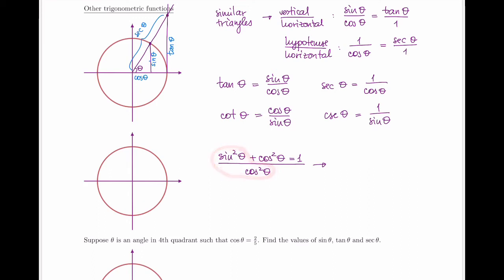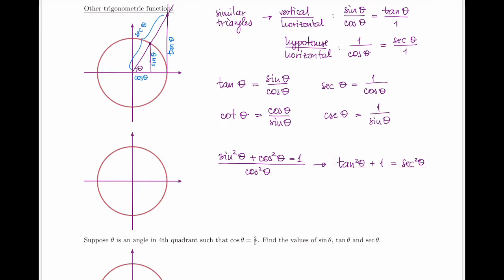Sine over cosine is tangent. If they're squared, this will give me tangent squared theta. Plus, then I have cosine squared over cosine squared, which is just 1, equals 1 over cosine squared theta, which will be secant squared theta. So the basic trigonometric identity divided by cosine squared gives me this new identity that connects tangent and secant.